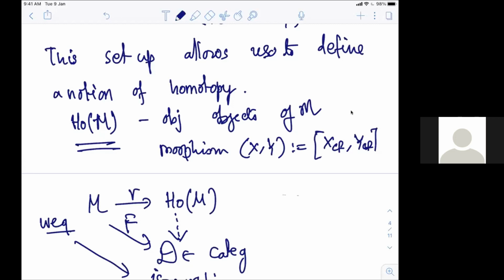Okay, so I'm not modding out at the level of the category. I'm taking some class of maps, so this is a set, and then I'm modding it out by some equivalence classes. So this is precisely the advantage of doing model categories.